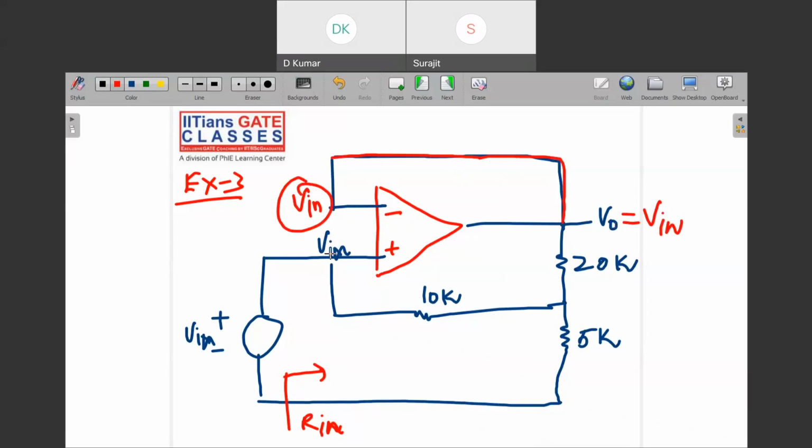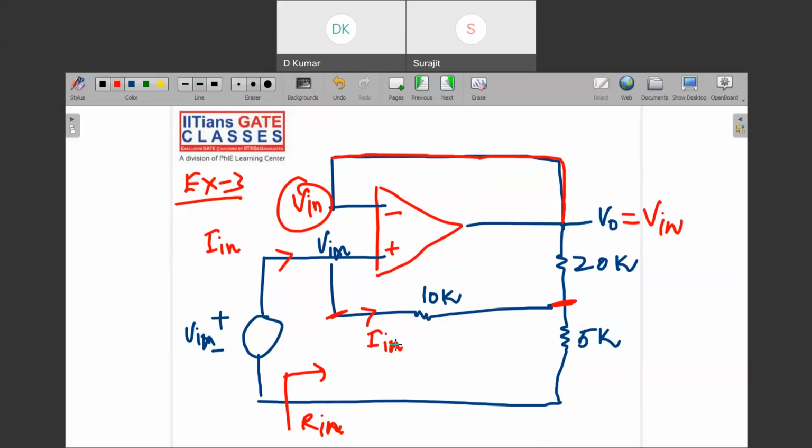Now we can take this resistive network separately. Here the current I in flows; this current cannot go into the op amp, so it will go here.